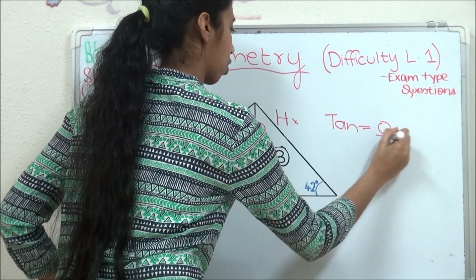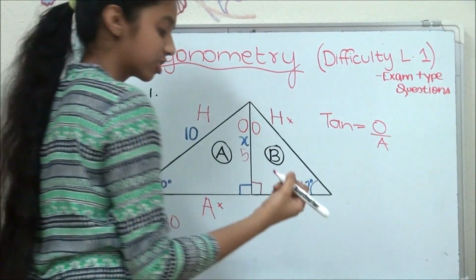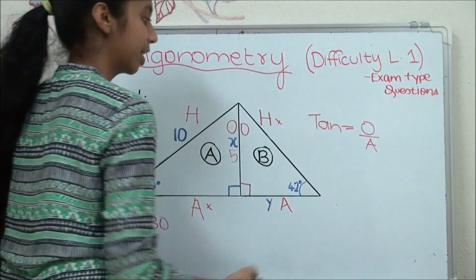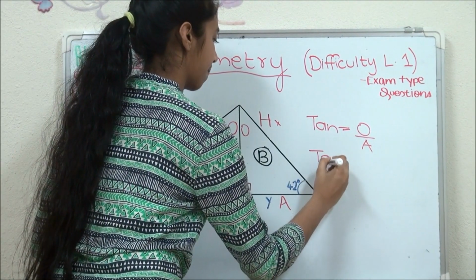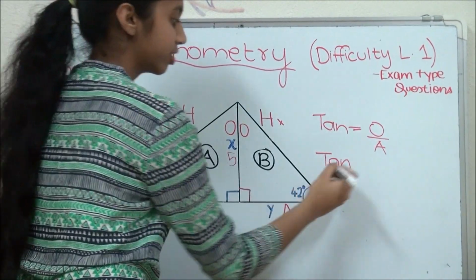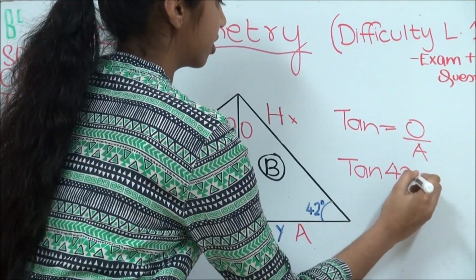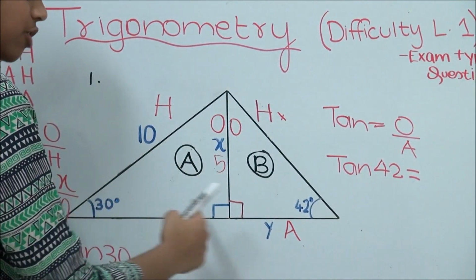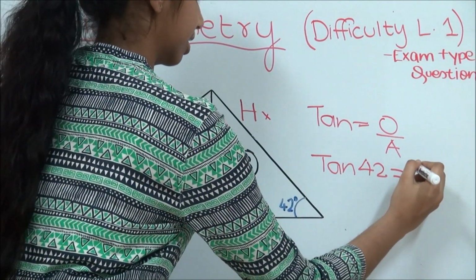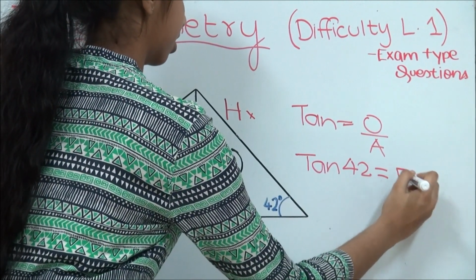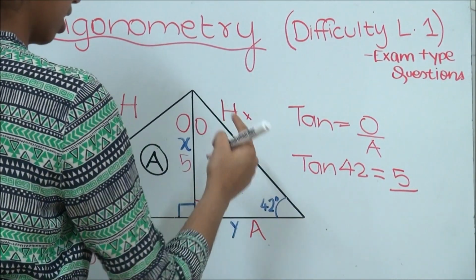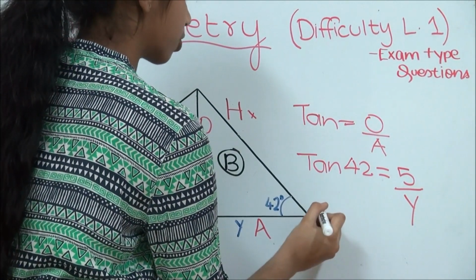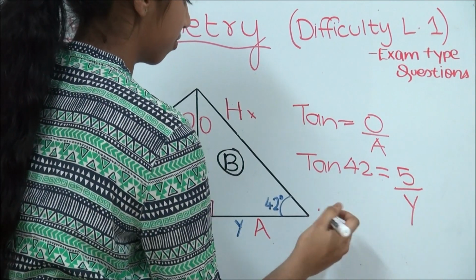So tan equals opposite over adjacent. We can start substituting it with the angle 42 and the length 5 centimeters. So tan theta, which is 42 degrees, equals opposite, that is 5, that we found out while doing triangle A, divided by adjacent, that is y, that we need to find. So it's just like switching both of these two.